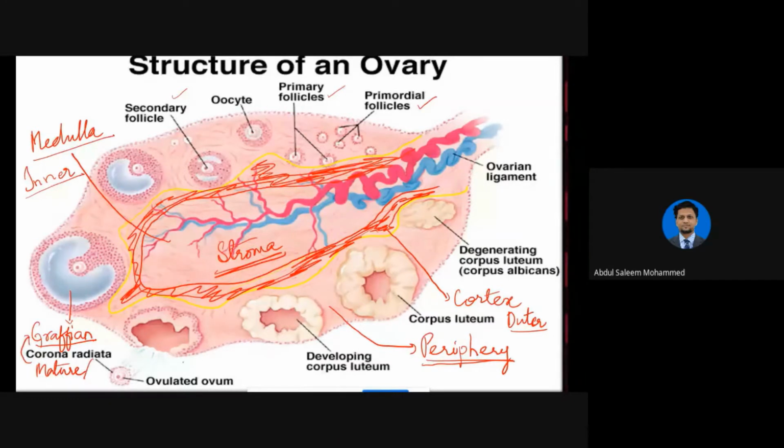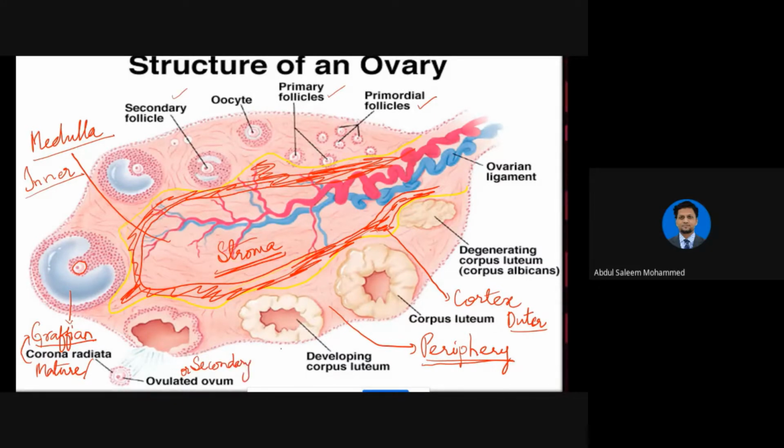So it has the mature ovum. Here the secondary oocyte is fully formed, and it is ready to undergo the process of ovulation. Here is the process of ovulation, which is also shown at the peripheral region. This Graafian follicle, or mature follicle, will rupture, releasing the secondary oocyte. This ovum is also known as the secondary oocyte.